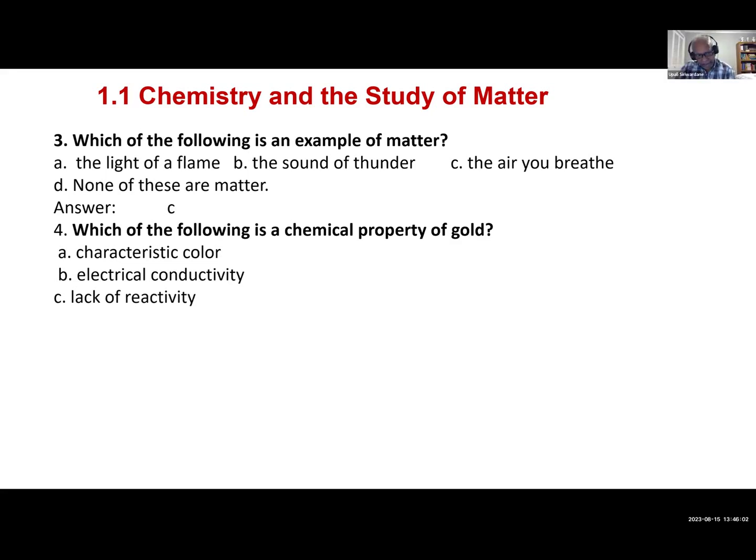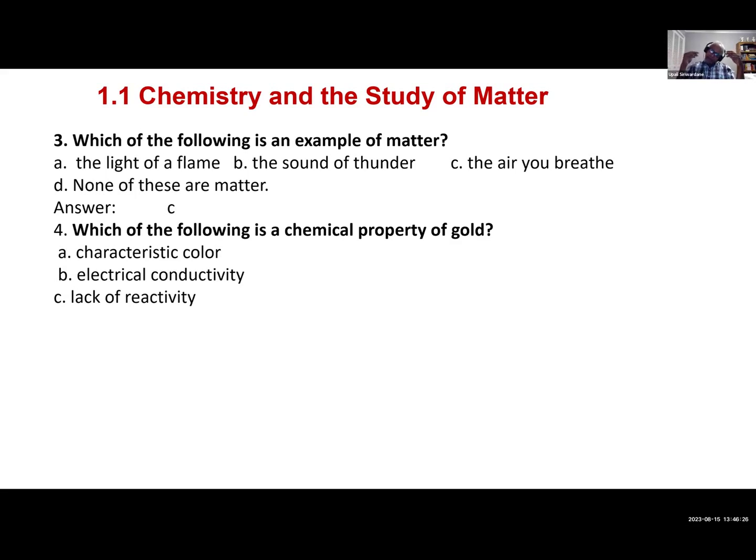Lack of reactivity. It says it doesn't react. Gold doesn't react, and you said in the chemical it's got to make a reaction, correct? Yeah.